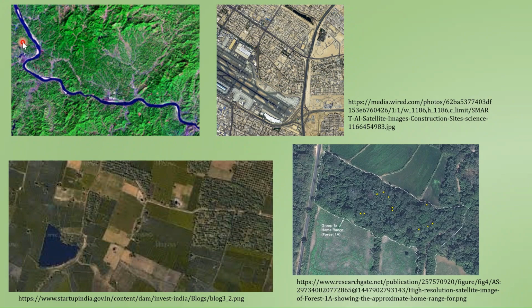This first image shows the irregular shape of a river with tributaries in the adjacent area. The second image represents a settlement area where we can see a lot of buildings with interconnected roads. And then the third is the example of an agriculture field where we can see a lot of rectangular patches which are spatially arranged.